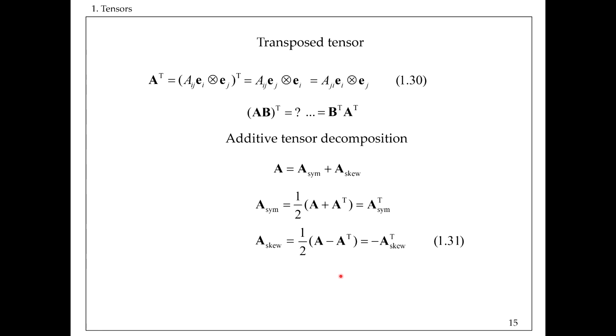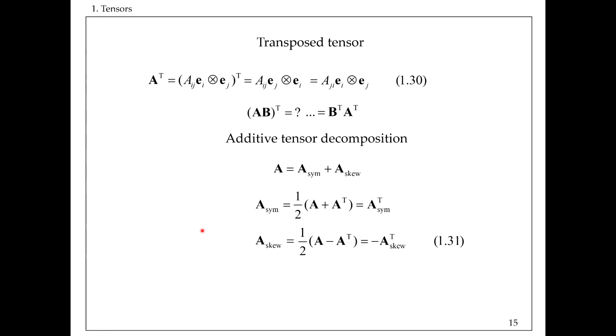Alright, and finally, let us introduce another important operation after the transpose, which is the inverse tensor. This is important, especially when you dealt with matrices, because you needed to obtain an inverse matrix when you want to solve, for example, a system of equations.